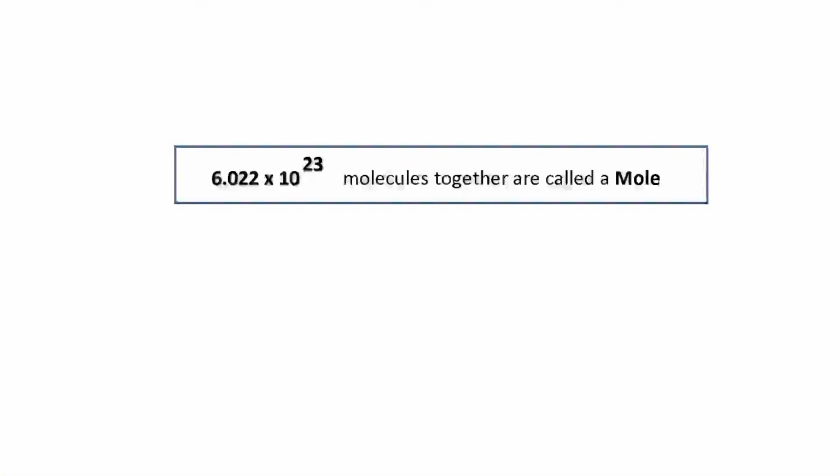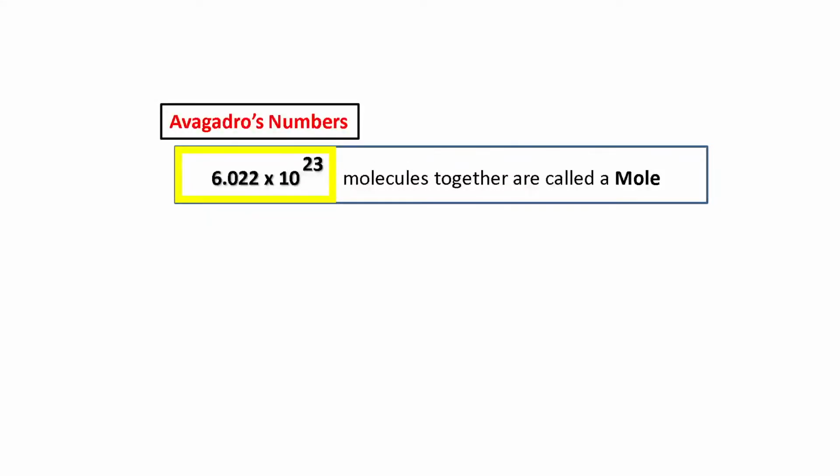In the world of chemistry, mole is a unit used to mention a set of molecules or ions or atoms of an element. 1 mole is a set of 6.022 into 10 to the power 23 number of particles. This is a unique number and is called Avogadro's number.